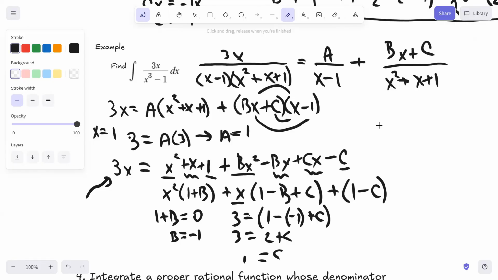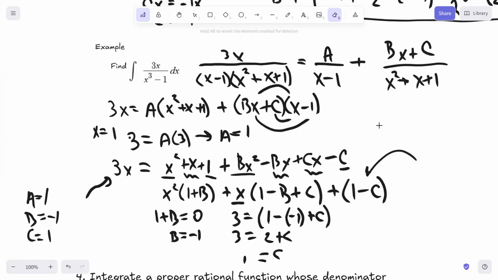And also, just to check, if the constants are 1 and minus C, and C is 1, 1 minus 1 is 0, and notice the 3x term has no constant with it. Okay, so now we have A equals 1, B equals negative 1, and C equals 1.